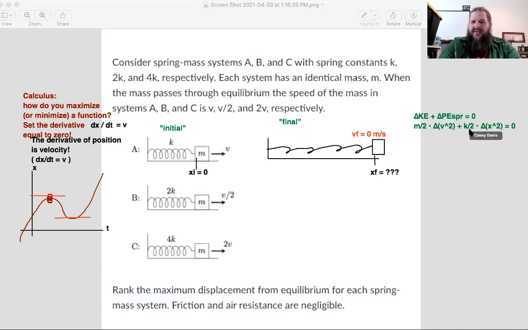Also, everything here has a divided by 2 in it. So to simplify that, I'm going to multiply both sides by 2. So you just get mass times v final squared minus v initial squared plus spring constant times x final squared minus x initial squared equals 0. So there's conservation of energy so far. Any questions on that up to this point?